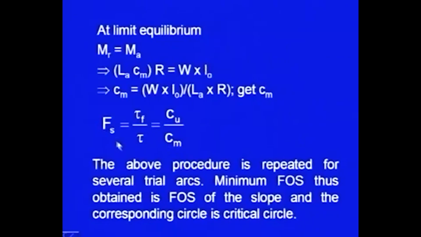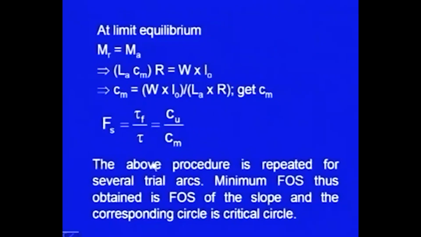So, Fs will be equal to Cu upon Cm. This Cu will be available from laboratory tests and this Cm will be available from this equilibrium condition, from this mechanical analysis. So, we will be able to find out the factor of safety.